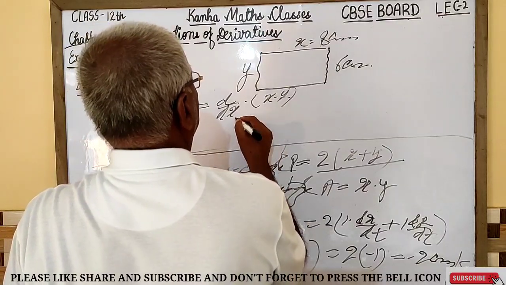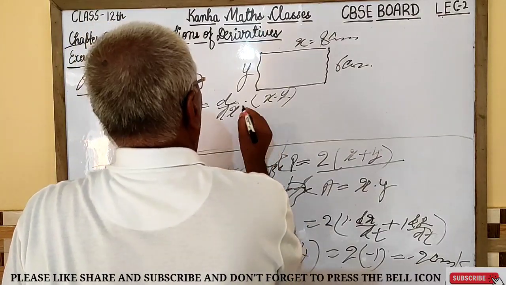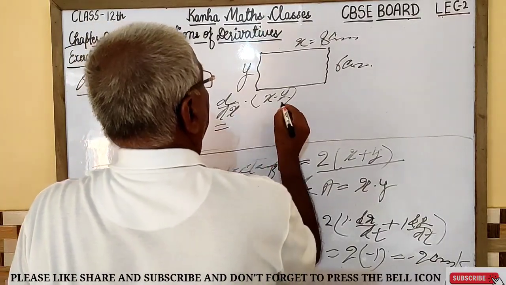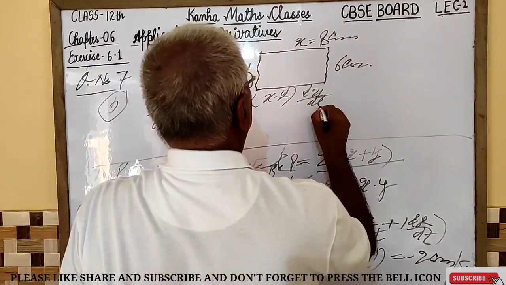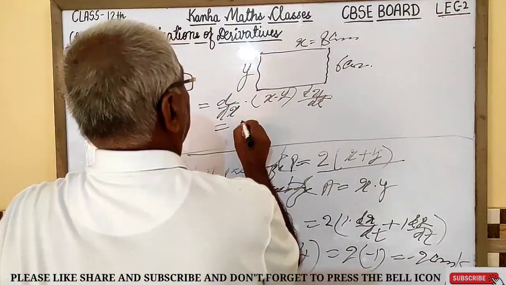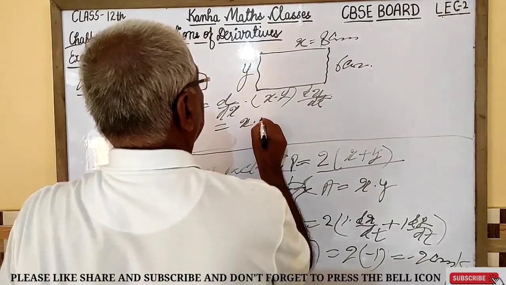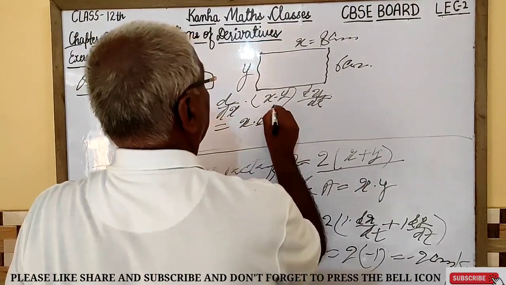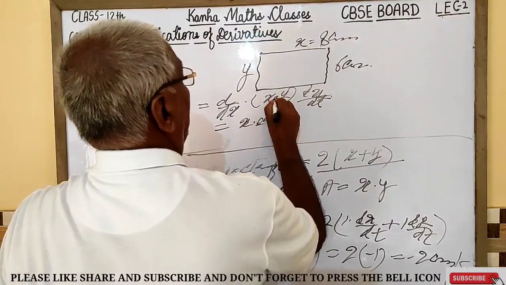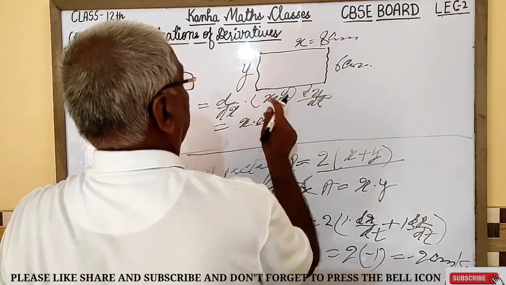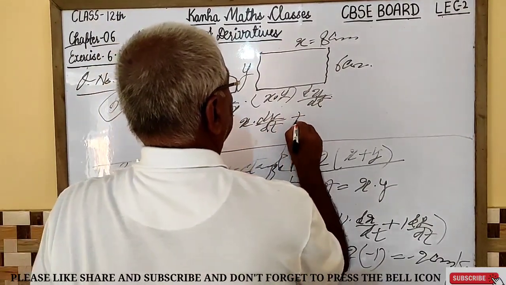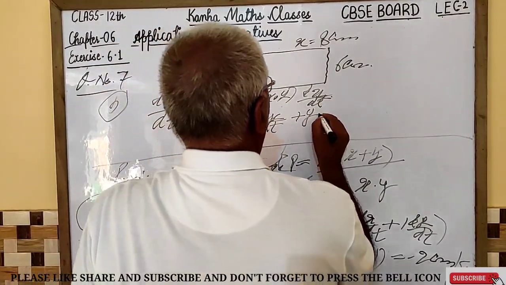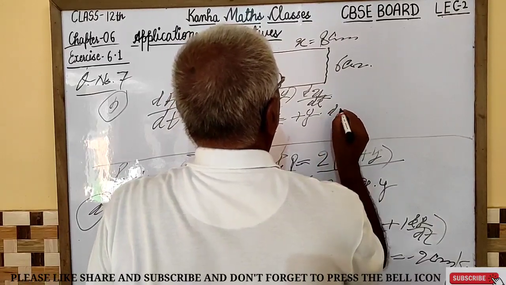So we will have to find the derivative of the product: x dy by dt plus y dx by dt.